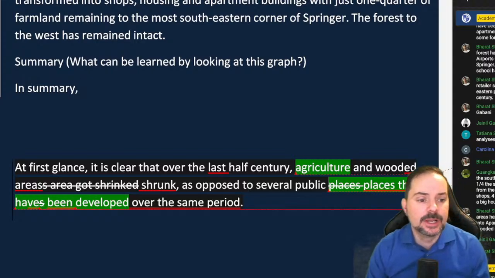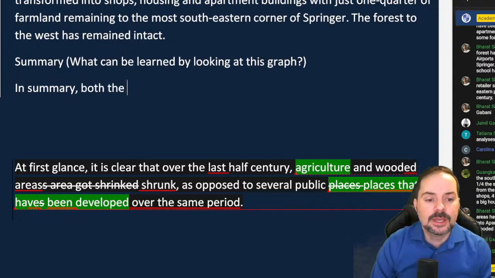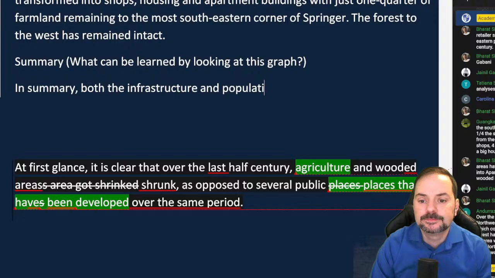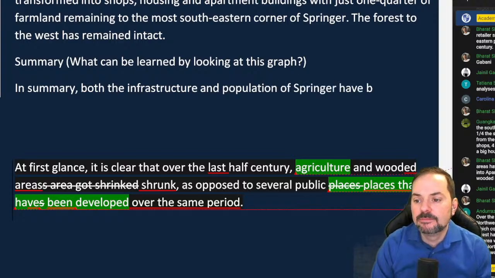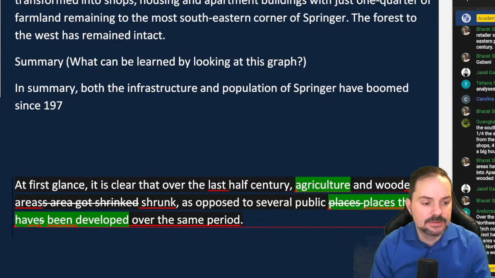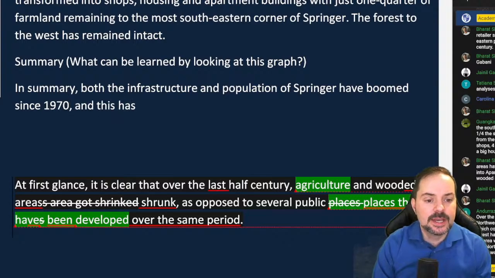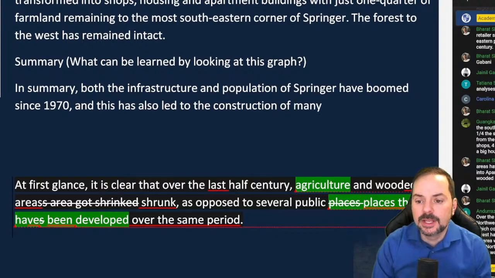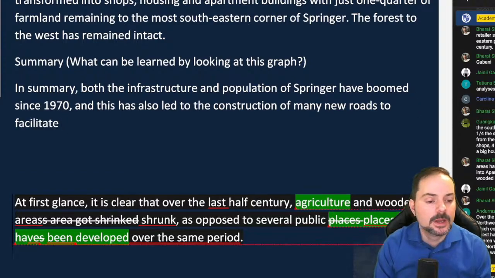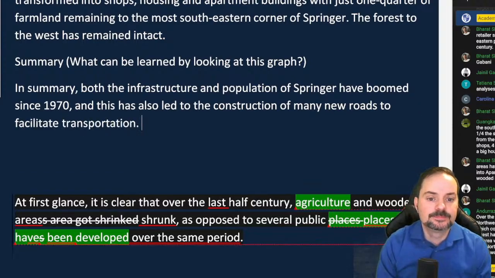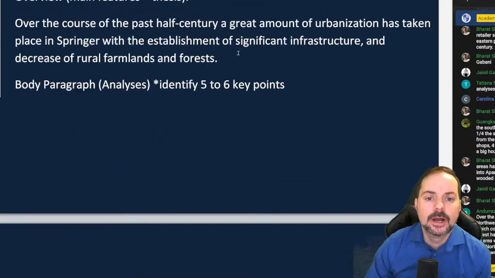So in summary, both the infrastructure and population of Springer have boomed since 1970, and this has also led to the establishment or the construction of many new roads to facilitate transportation. Okay, so I'm going to stop there.